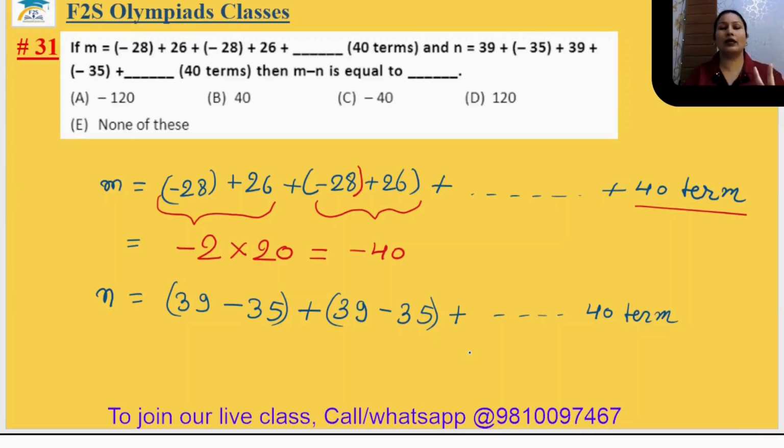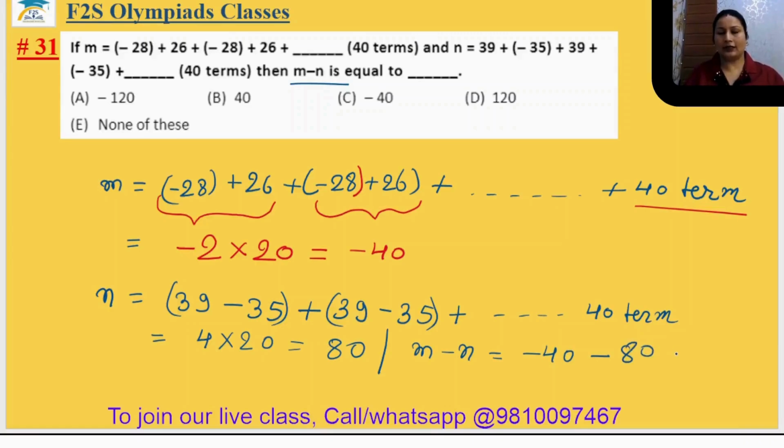It means we can make pairs of two terms like this till 20 pairs. There will be 4 multiplied by 20, so 4 twos are 80. Now the question is asking for m minus n. So m minus n means minus 40 minus 80. That is minus 120. It is in option A. So question 31 answer will be option A.